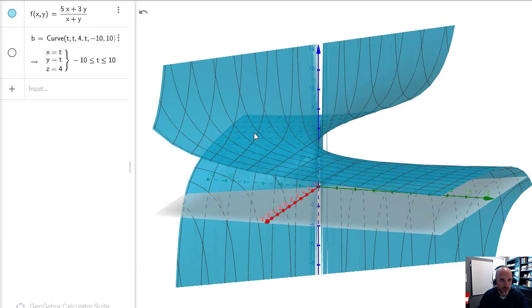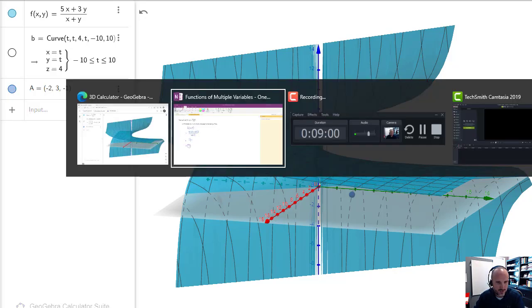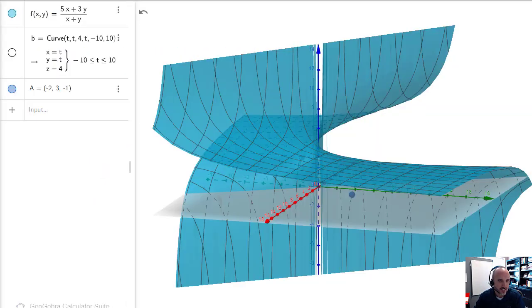If we go back to our graph here, and we look at the ordered triple where x is -2, y is 3, and z is -1. Let me see, was that the point we had? I forgot already. Yes, all right.